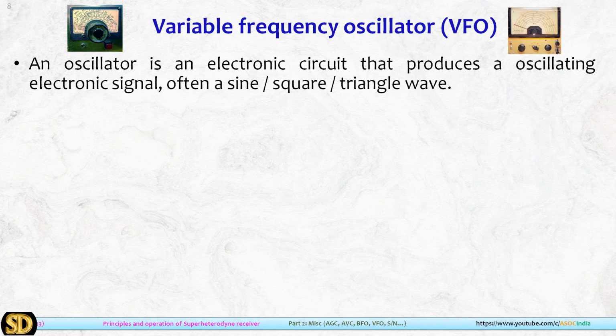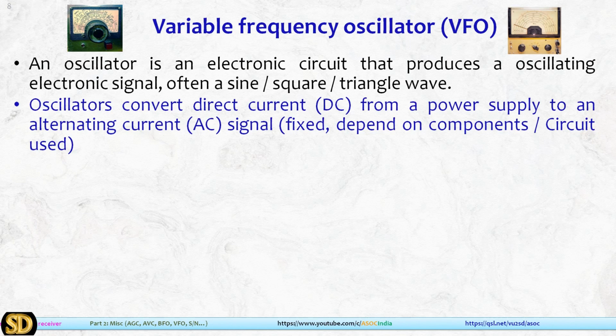This oscillator converts DC from a power supply to an alternating current AC signal. This may be fixed or depend on components. Maybe the components are variable. The stability, range, everything depends on the components used.